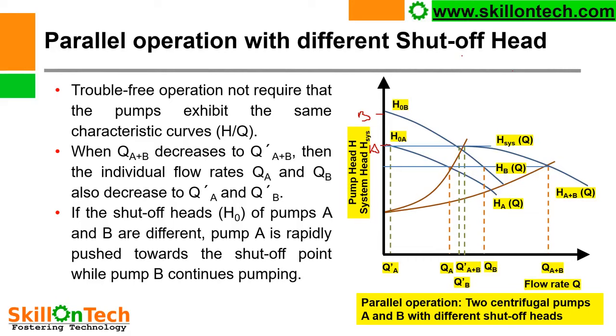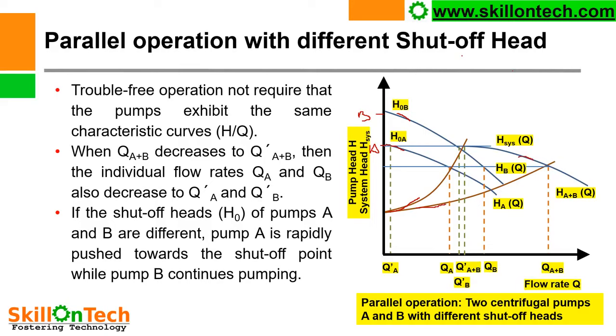This is the characteristics curve of pump A and this is the characteristics curve of pump B. This is the system head curve, and this is the combined pumps characteristics curve, A plus B.